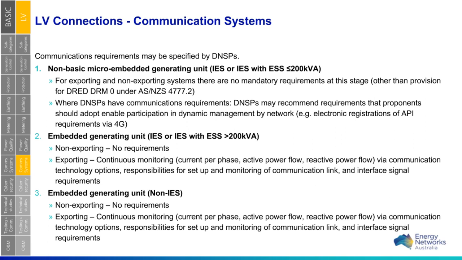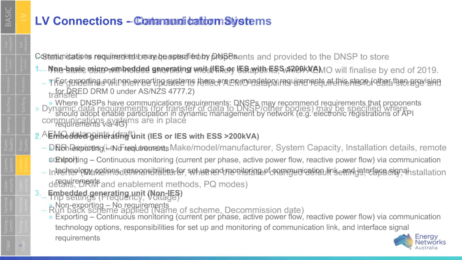Actually, they're both identical, where they have no requirements for non-exporting systems, and they have some requirements for exporting, including continuous monitoring via a range of communication technology options, and also setting out who's responsible for setting up and monitoring the communication links, as well as what the interface signal requirements are. So the guideline will speak to that.